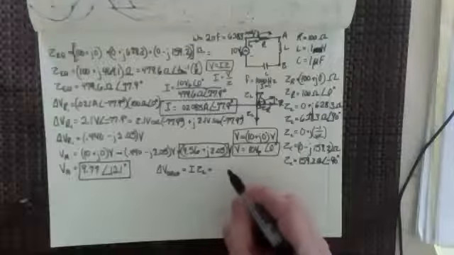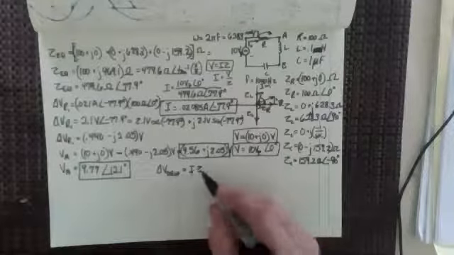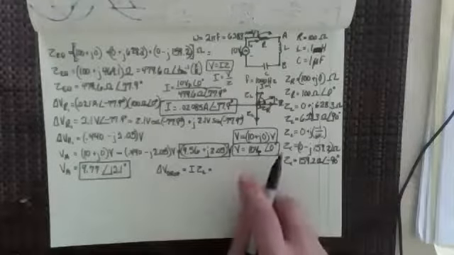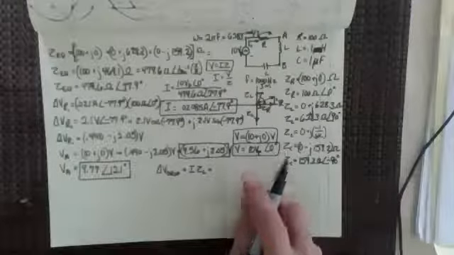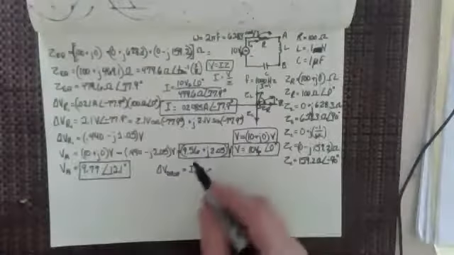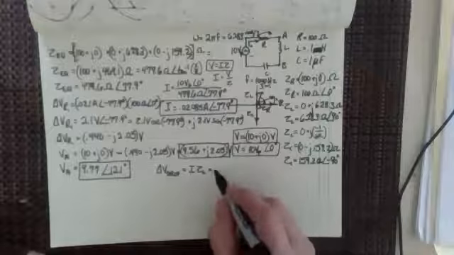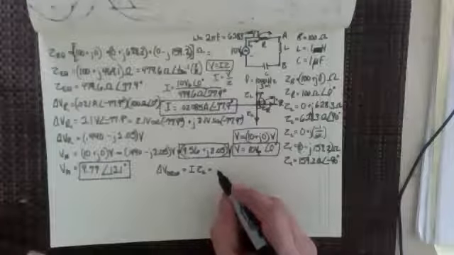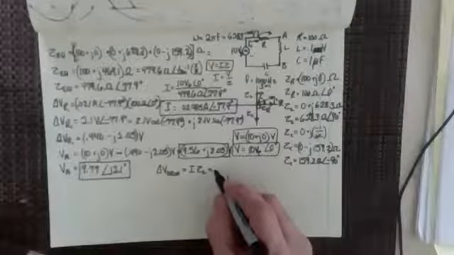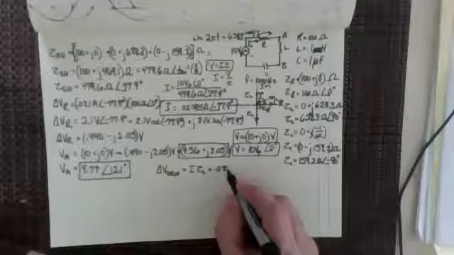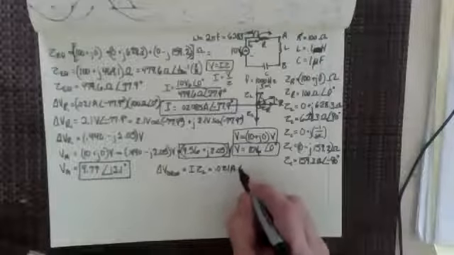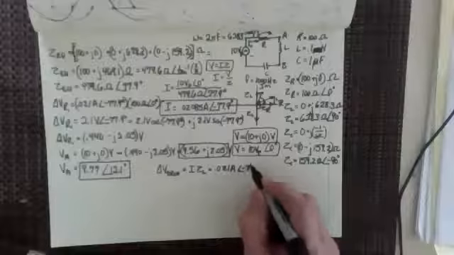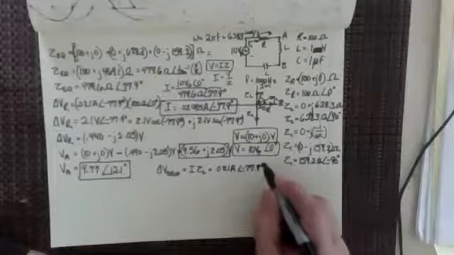So I've got I, and we're multiplying two complex numbers together, so we want to use the phasor form of that, the phasor form of I, and the phasor form of I is 0.021 amps at an angle of minus 77.9 degrees, right?